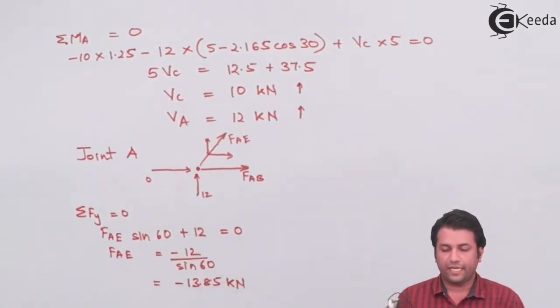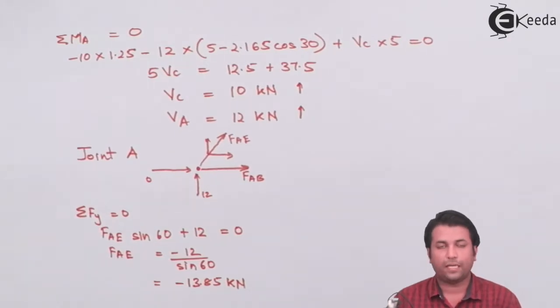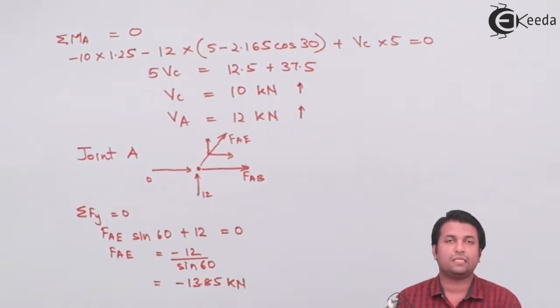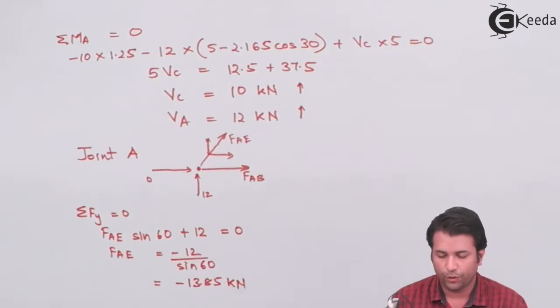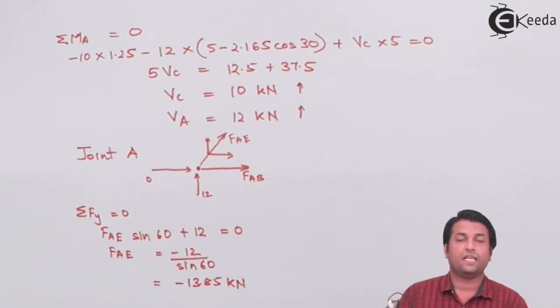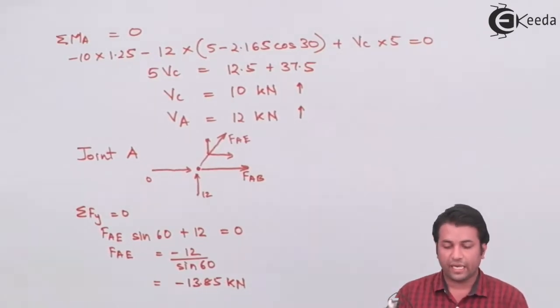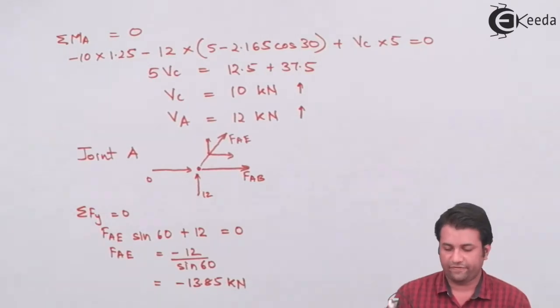The value that I'm getting for the force in the member AE is 13.85 kilonewtons. And since it is negative, the nature of the force in member AE will be compressive.